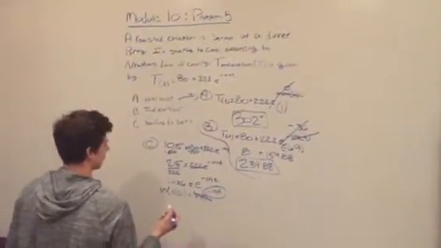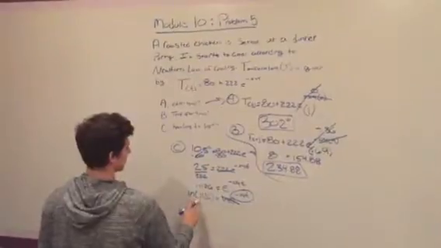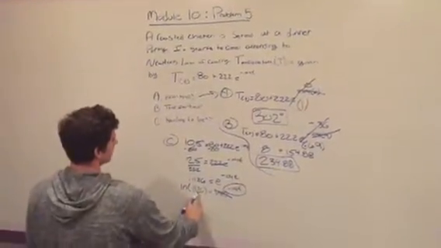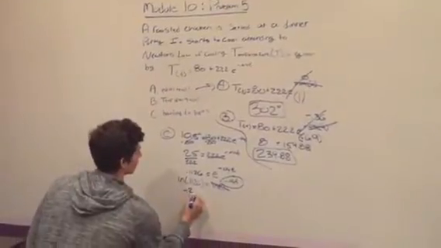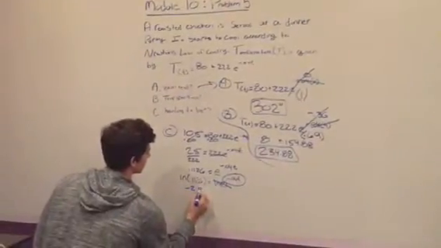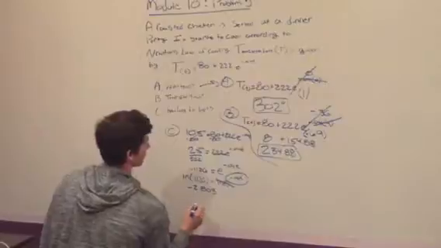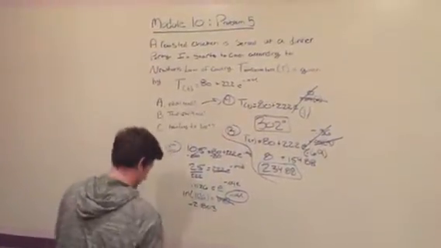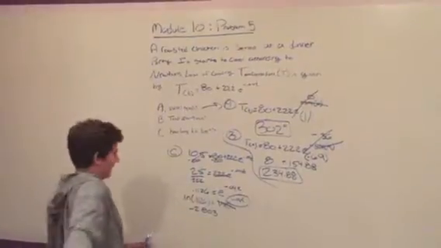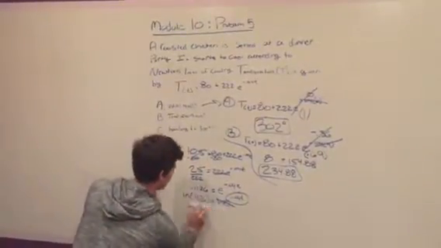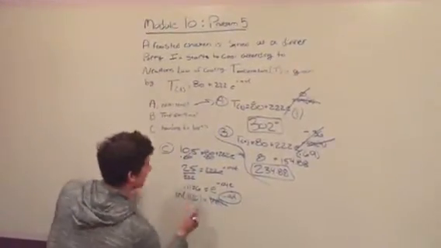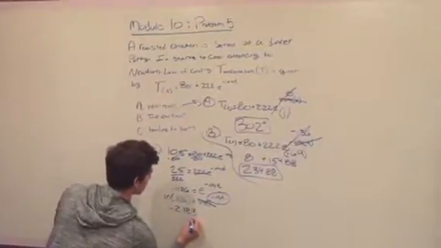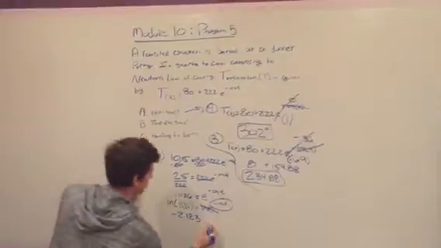The natural log of 0.1126 is going to be negative 2.183, which equals negative 0.04t.